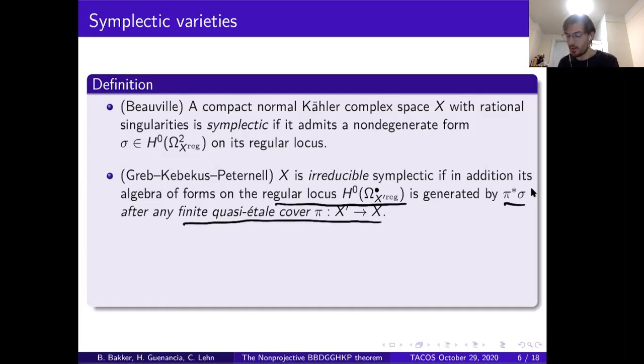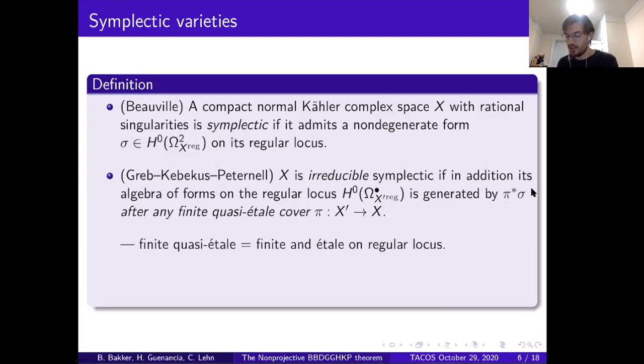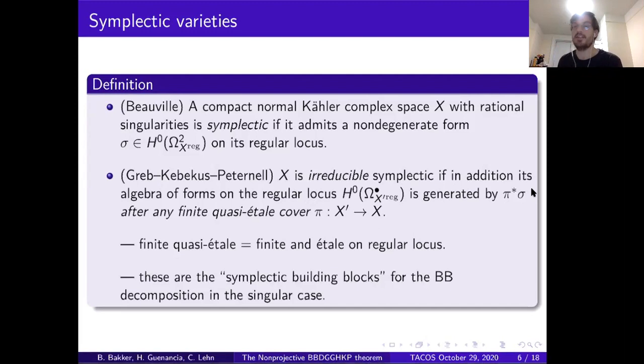Okay, so a finite quasi-étale cover is just a finite map which is étale on the regular locus. And it turns out that these are the correct symplectic building blocks for the generalization of the Beauville-Bogomolov decomposition to the singular case.